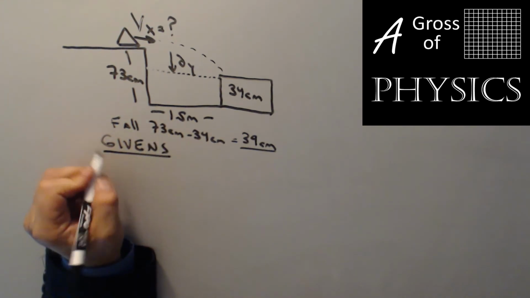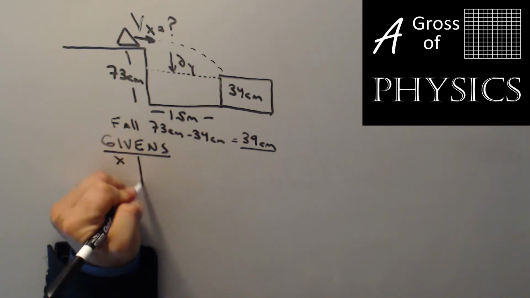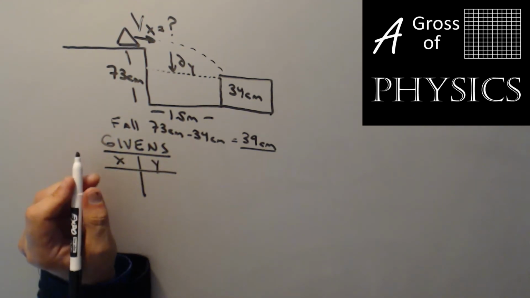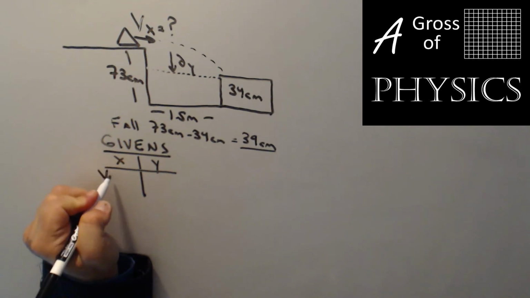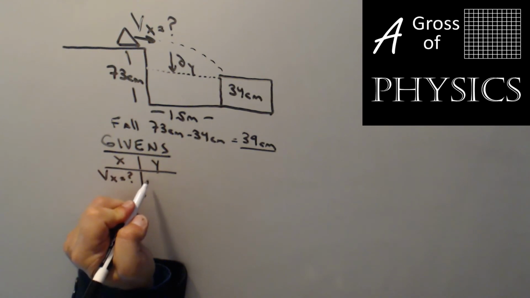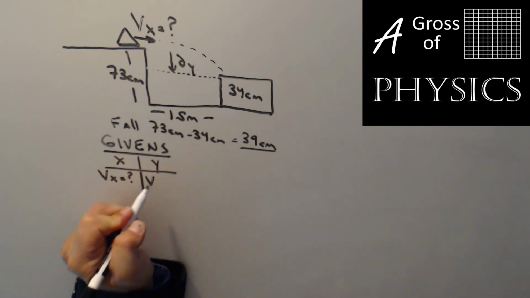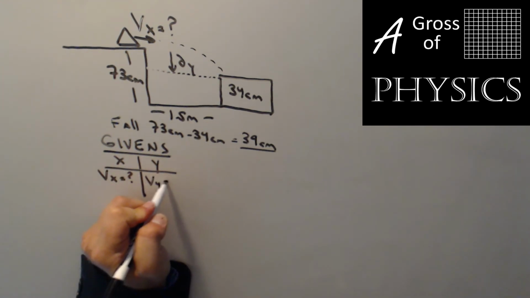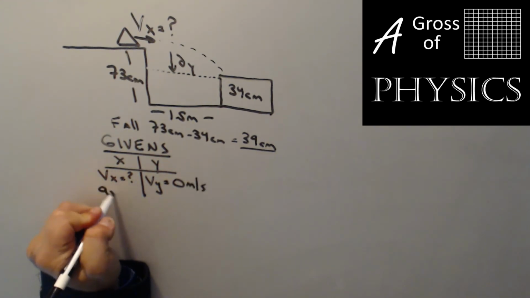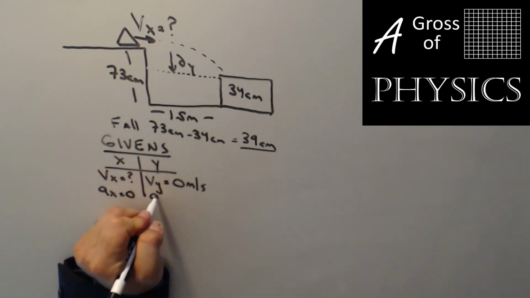Now, that being said, we could start with our givens. We actually don't know Vx in this case, so we're going to set our givens list, our x and y. I'm just going to write Vx question mark, so I keep my givens lists so the V's are together and the A's are together. Vy is 0 meters per second. Ax is 0.